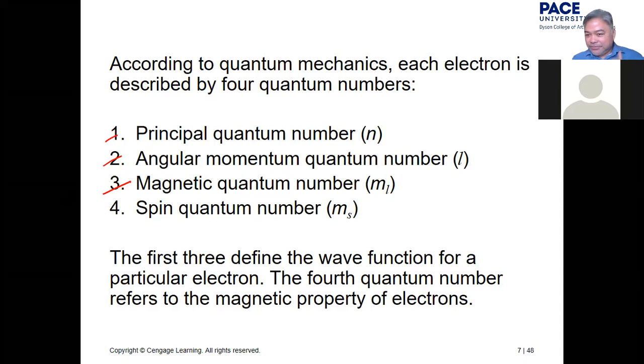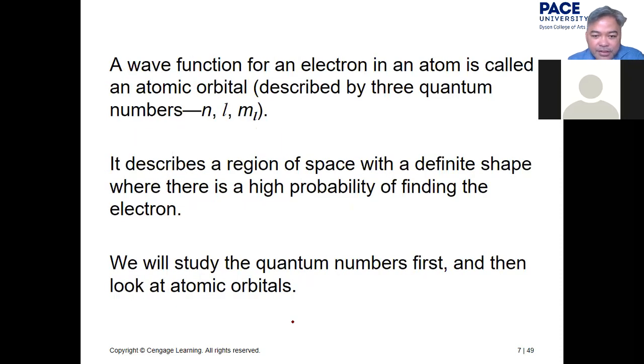When we say wave function, that's where you will probably find the electron. The fourth quantum number is just the magnetic property of the electron. Before we go with the first one, when we have a wave function, it's described by the first three quantum numbers because it refers to an atomic orbital.